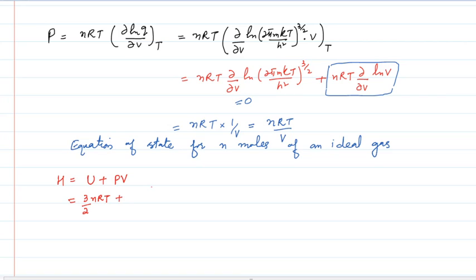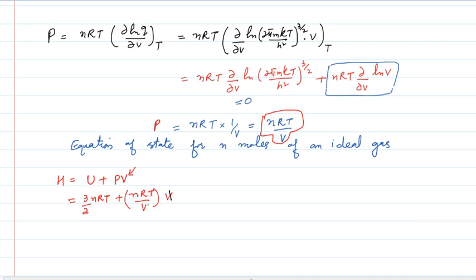So we will write in place of pressure nRT upon V, and it is multiplied by this V. So it is very simple now.